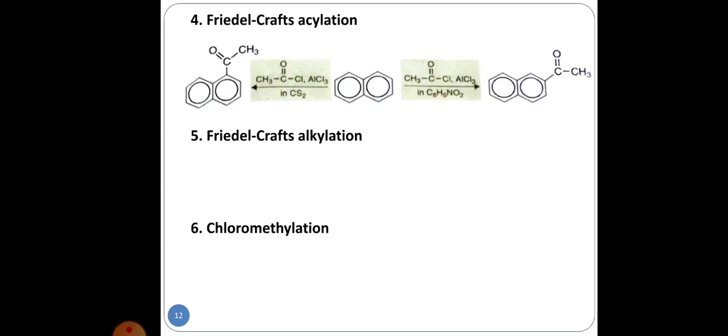When nitrobenzene is used as a solvent in place of carbon disulfide, it gives 2-acetyl naphthalene.